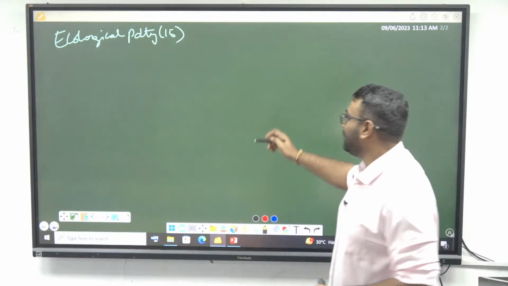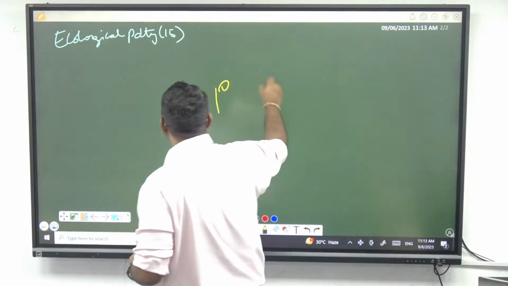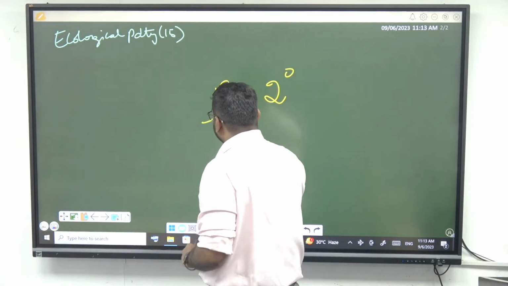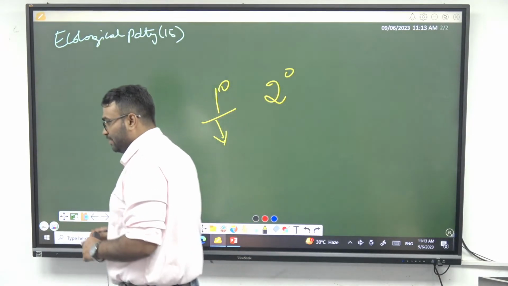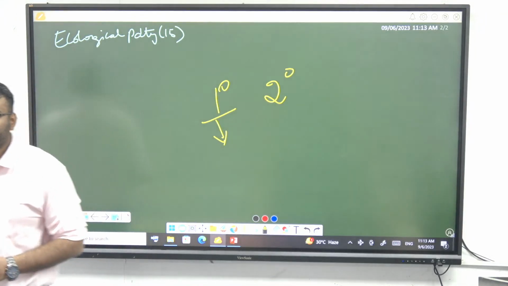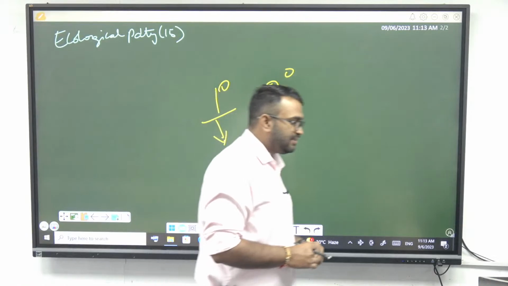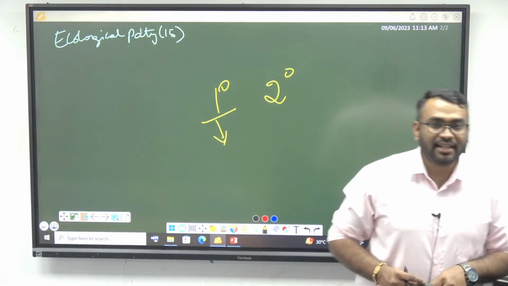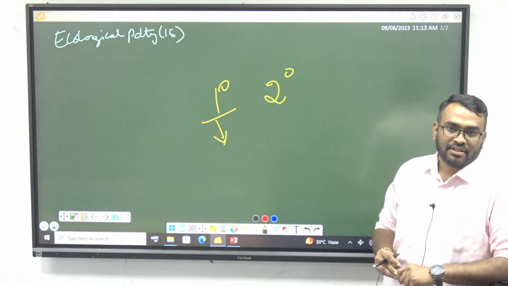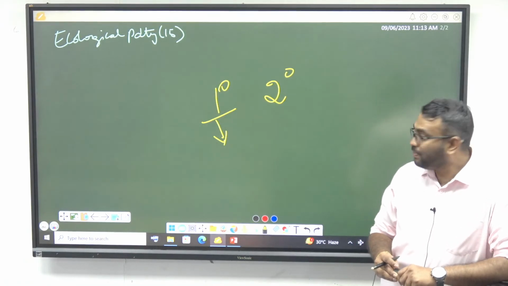Here we have two types of productivity, right? Primary productivity and secondary productivity, correct? Primary productivity is mainly from plants, utilizing the sunlight to produce biomass. So that is primary productivity.